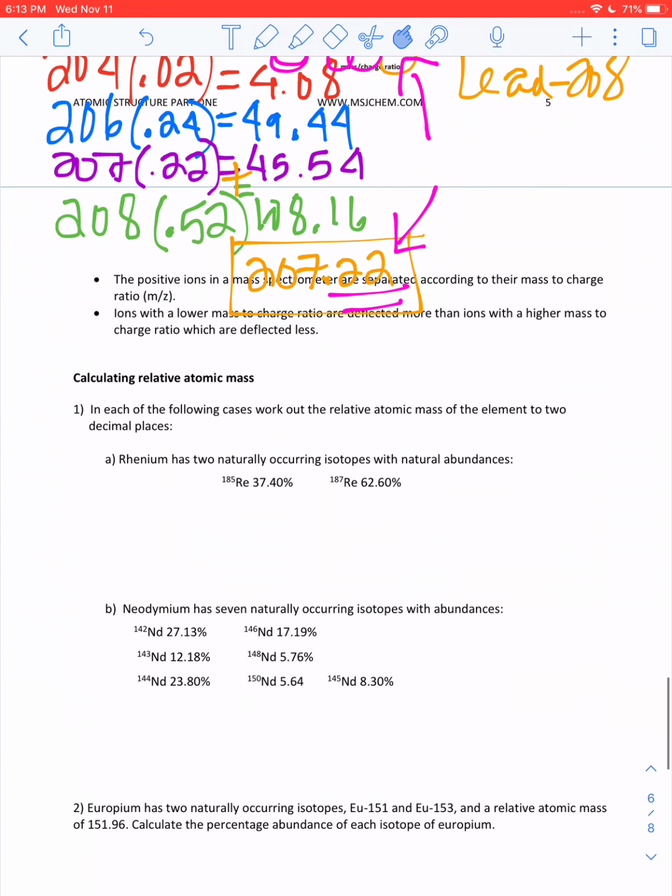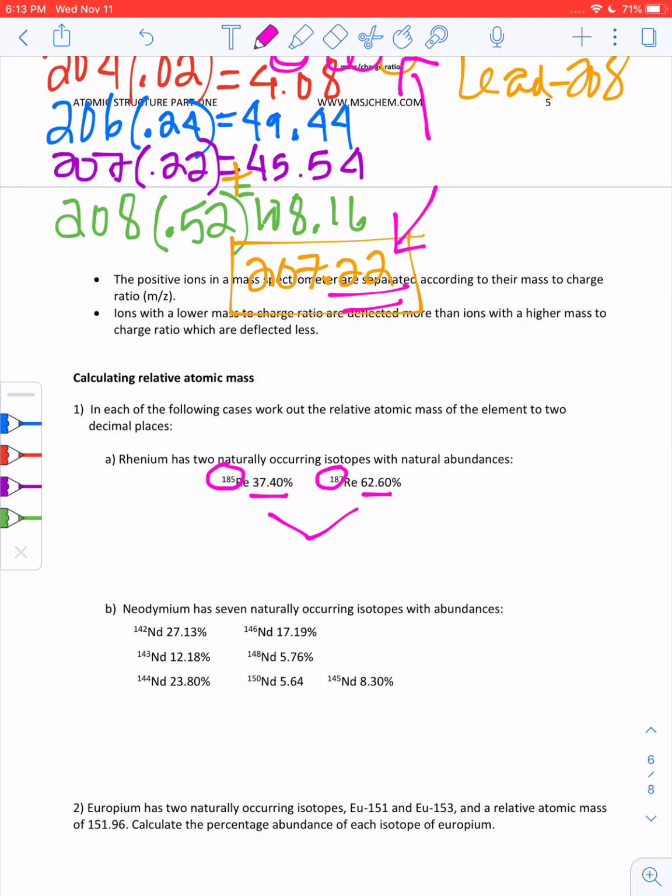So you guys down here have some practice. Now, these are a little different. They are not given in that graph form. They simply have given you the percentage. Okay, so for example, on this one, here are the percentages. And then how do I know where the mass is? Well, they gave us the symbol of the isotope. And so remember the number in this top left corner, that is the mass number.